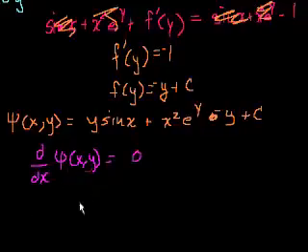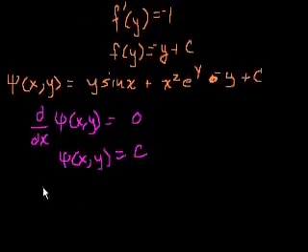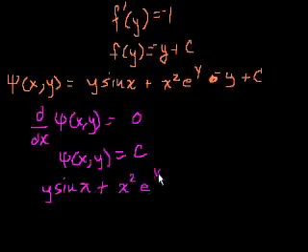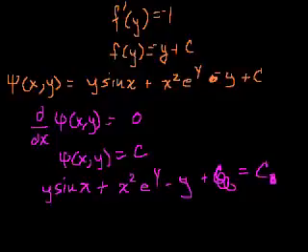If you were to integrate both sides, you would get that xi of x and y is equal to c is a solution of that differential equation. So we could say y sine of x plus x squared e to the y minus y, plus this c, call that c1, is equal to c2. You can subtract the c's from both sides and just be left with the c at the end. But anyway, we have solved this exact equation.